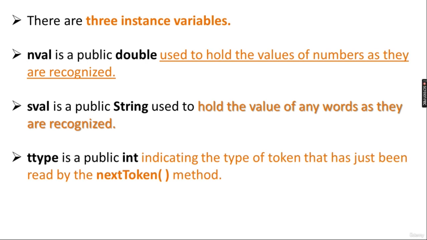So what is the first thing? It is the public double instance variable nval, used to hold the values of numbers as they are recognized. Second is sval, used to hold the value of words or strings as they are recognized. And ttype is a public integer variable indicating the type of token that has just been read by nextToken. nextToken will return the token, and ttype will give you the type of token.